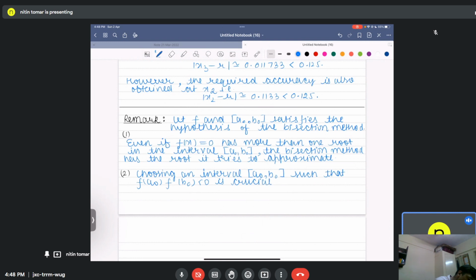It is very important to find such an interval. And what is the process to find such an interval?